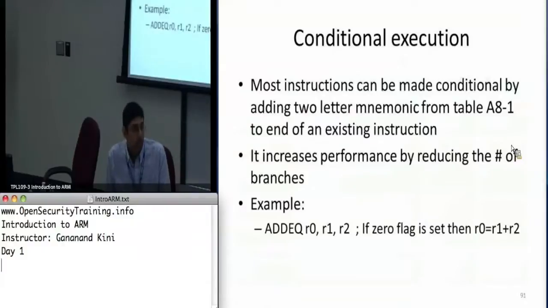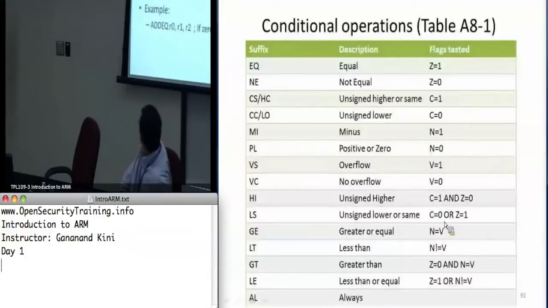Most of the instructions in the ARM instruction set can be made conditional. So if you wanted to do a conditional add or a subtract, you could do that. You would just use a suffix, and you can look up the mnemonic from the table that follows.